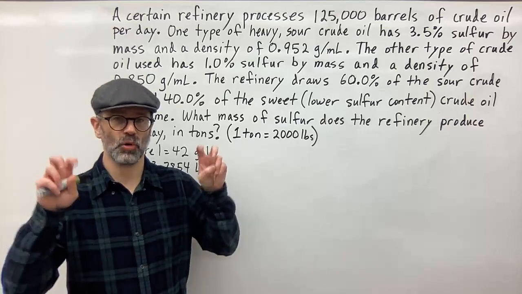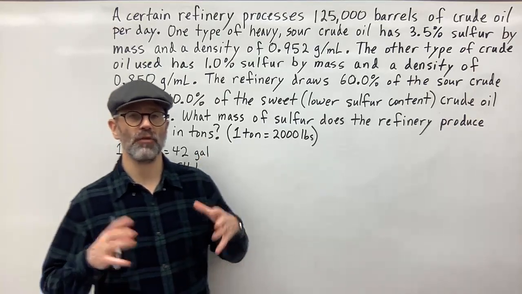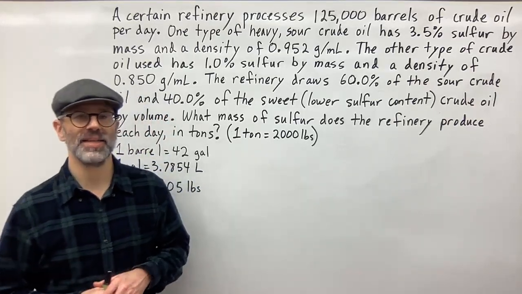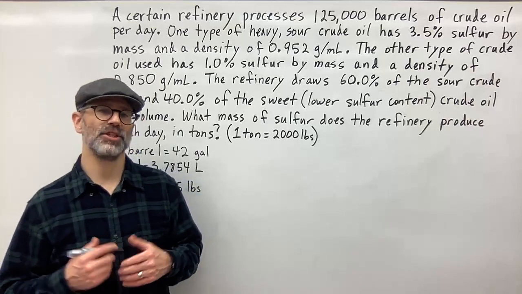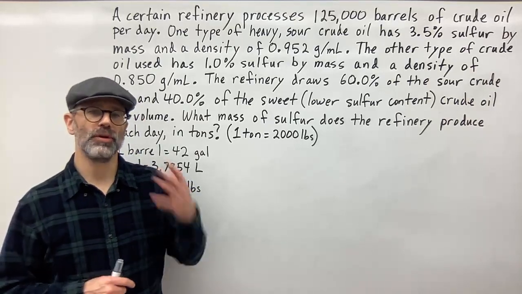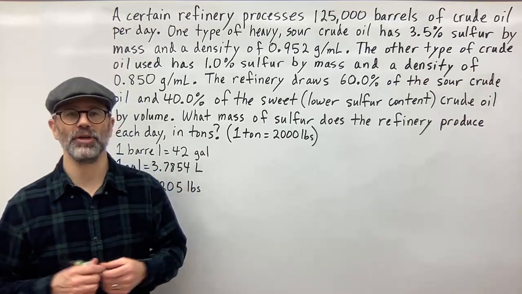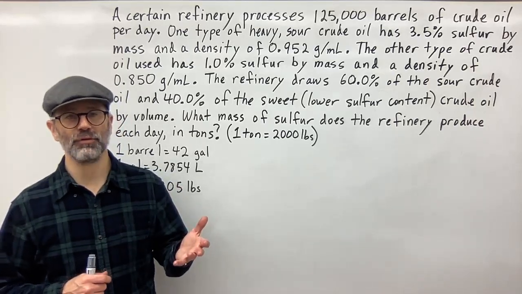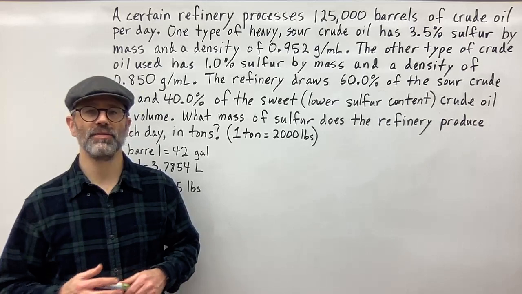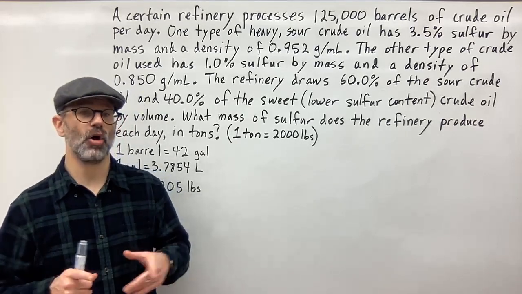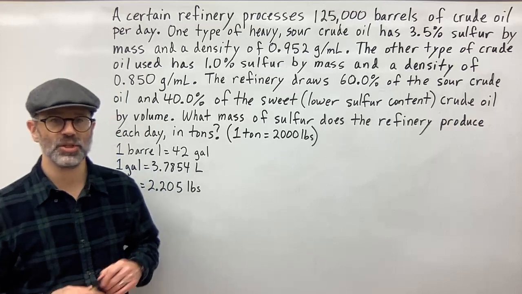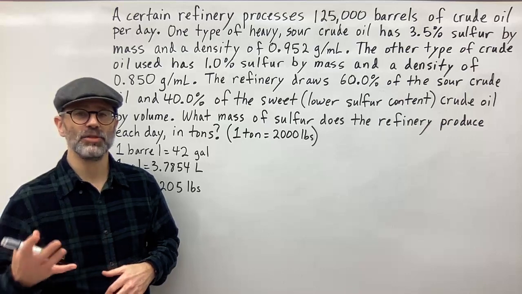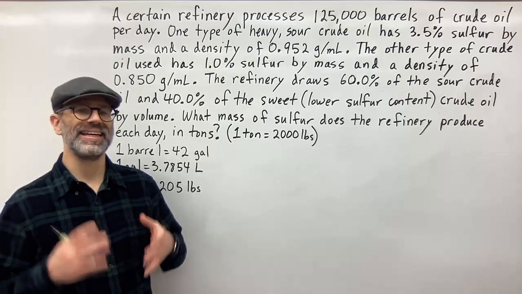This is a quote unquote sweeter or lower sulfur content crude oil, and it has a density of 0.850 grams per milliliter. This particular refinery draws out 60.0% of the sour kind of crude oil and 40.0% of the sweeter kind of crude oil by volume. So the question then becomes, what is the mass of the sulfur that this refinery produces each day in tons?